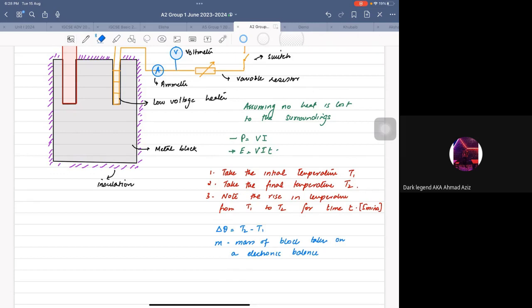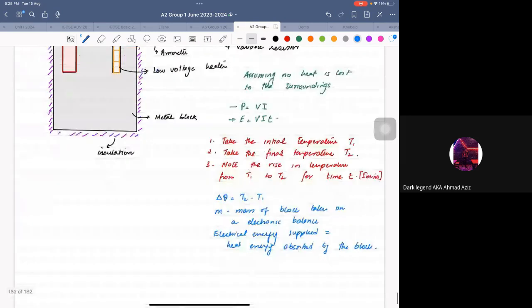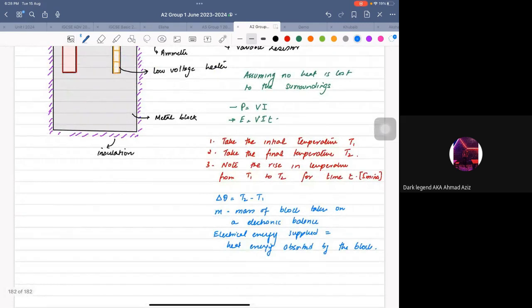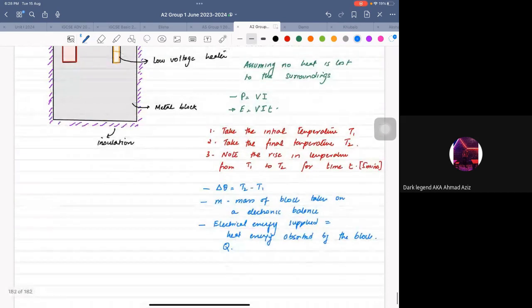The electrical energy supplied will be equal to the heat energy absorbed by the block. So this would be your Q.